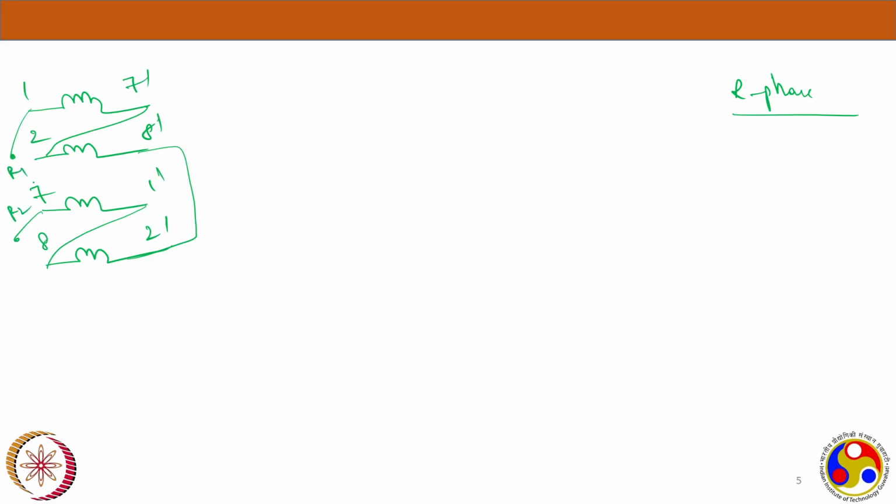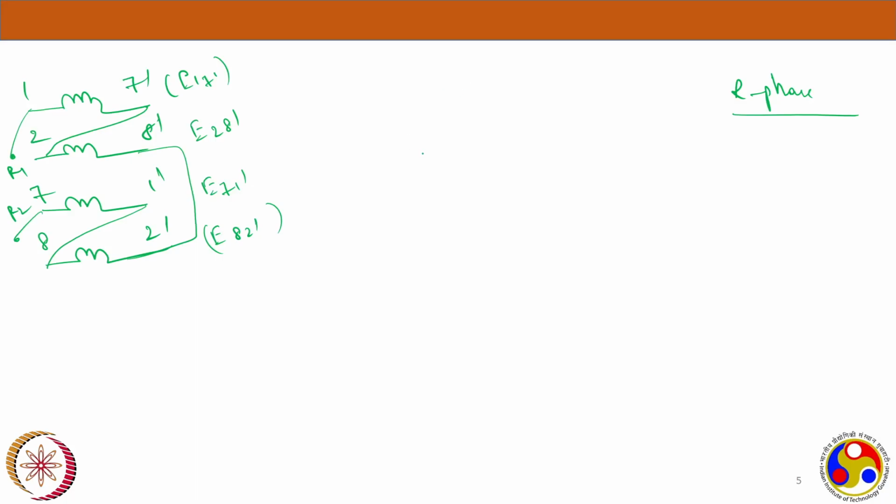Right. Now suppose each coil is giving me some voltage like E1 7 dash, E2 8 dash, E7 1 dash, E8 2 dash. These are respective voltages which are equal in magnitude, but their angles would definitely be displaced according to their slot positions.